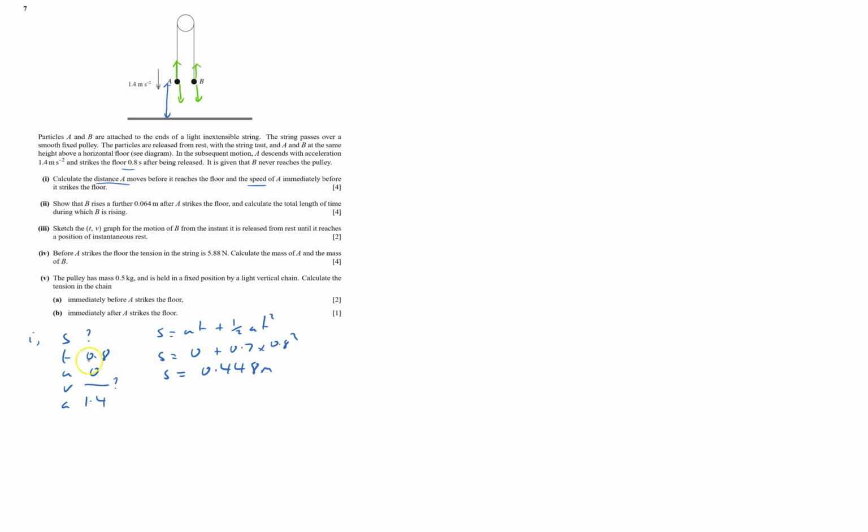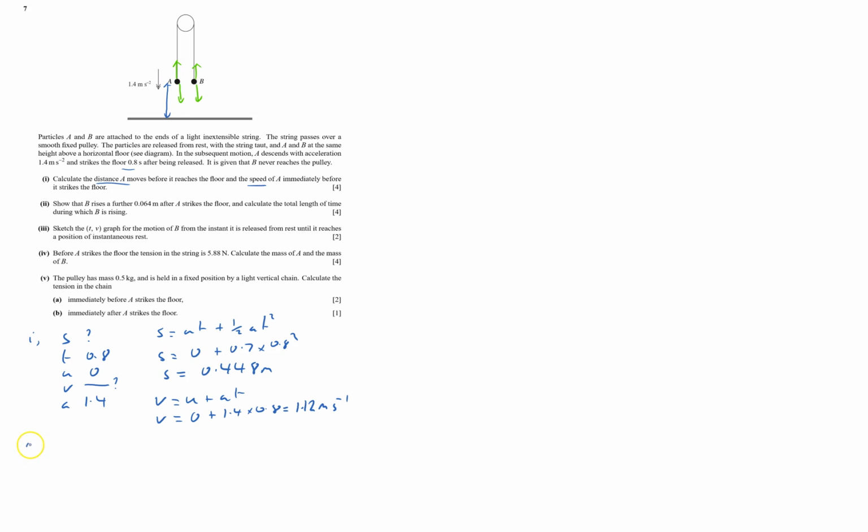I'll use the one without S, so that will be V equals U plus AT. So V will equal 0 plus 1.4 times 0.8, and that equals 1.12 meters per second. That's the first part.